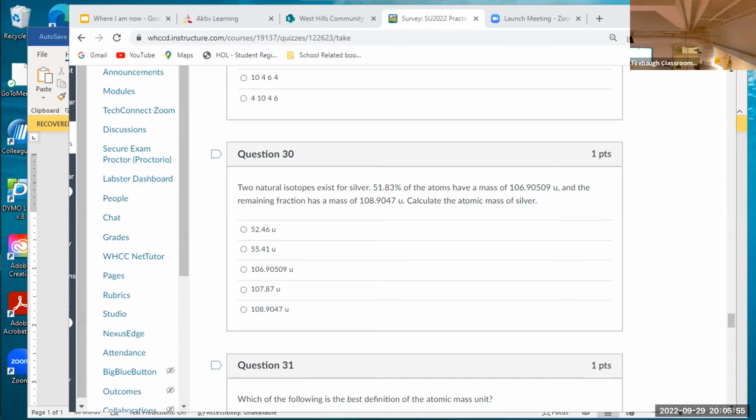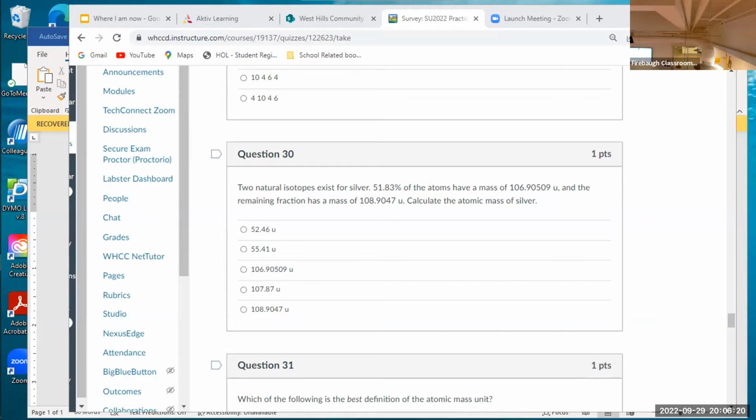So we need to multiply. This one is for that first isotope, 106.90509 units. And then we know that the other one is the difference. It's 100 minus 51.83, which is going to be 48.17%.